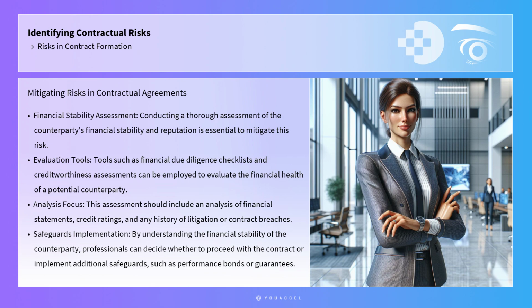This assessment should include an analysis of financial statements, credit ratings, and any history of litigation or contract breaches. By understanding the financial stability of the counterparty, professionals can decide whether to proceed with the contract or implement additional safeguards, such as performance bonds or guarantees.